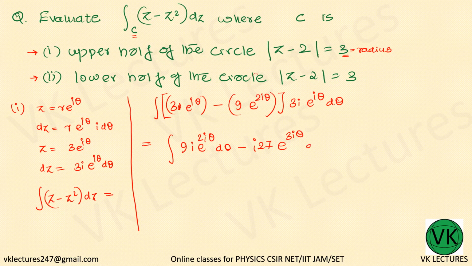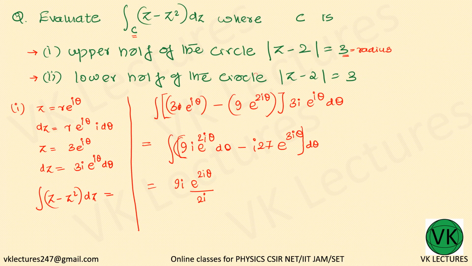Okay, d theta. Okay, that accounts for the two terms. Now integral 9i times e to the power 2i theta. This integral is e to the power 2i theta by 2i, that is the integral of the first term.